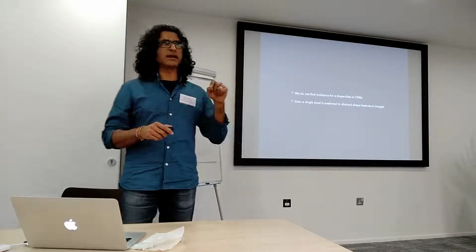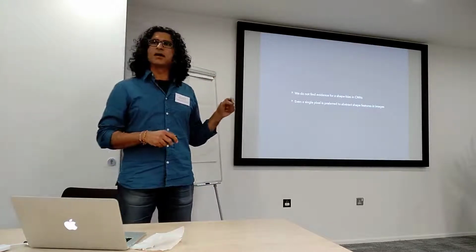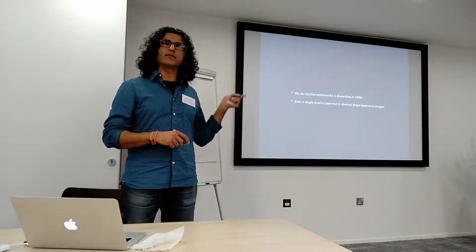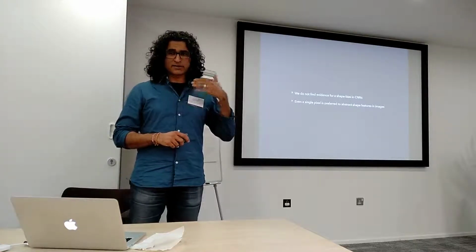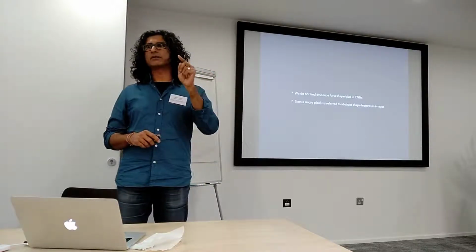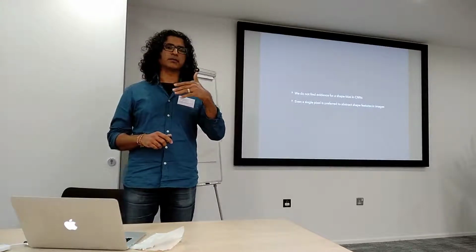And I hope I've convinced you that that doesn't seem to be the case based on our simulations. And the extreme case of even a single pixel is just unfathomable as a cue that a human being would use for solving that task.